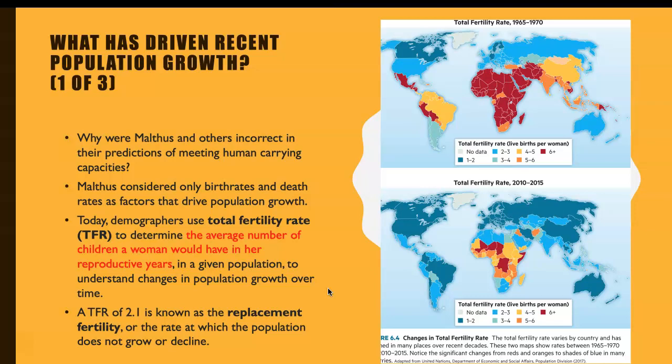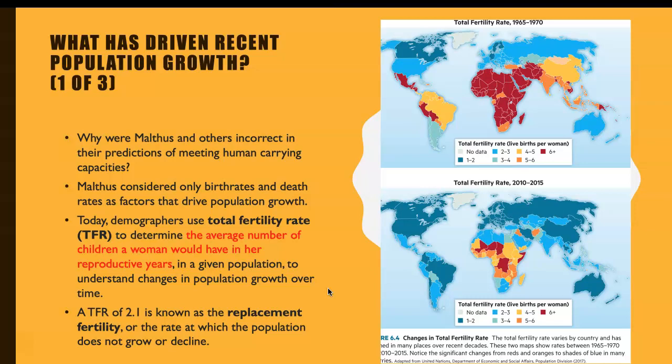So here on this slide, I'm going to introduce a few concepts. One is total fertility rate. That determines the average number of children a woman would have in her reproductive years. So that's all the children she has. And the TFR of 2.1 is known as replacement fertility.